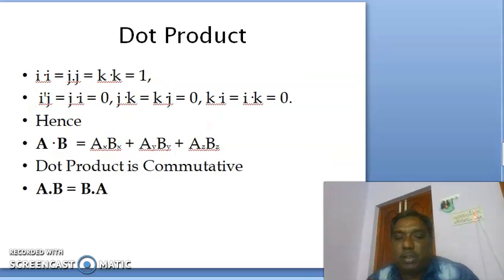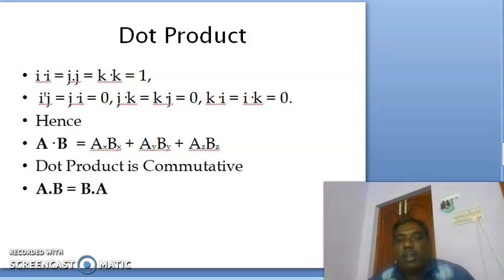So, the dot product. According to the dot product, i dot i is equal to j dot j, that is equal to k dot k, that is equal to 1. Here i dot j is equal to j dot i is equal to 0. Similarly, j dot k is equal to k dot j, equal to 0, and k dot i is equal to i dot k, also equal to 0.